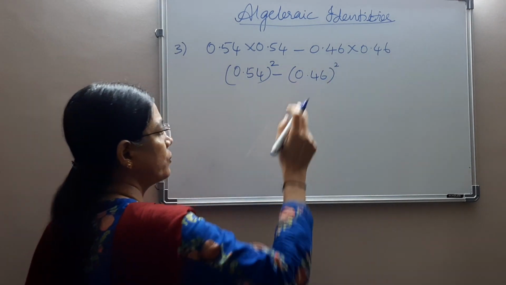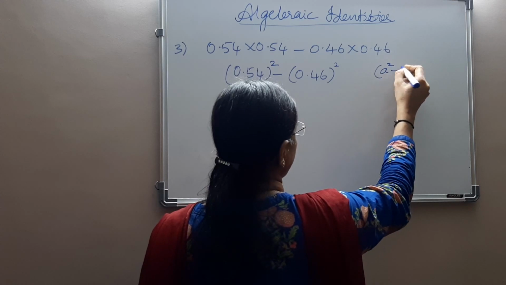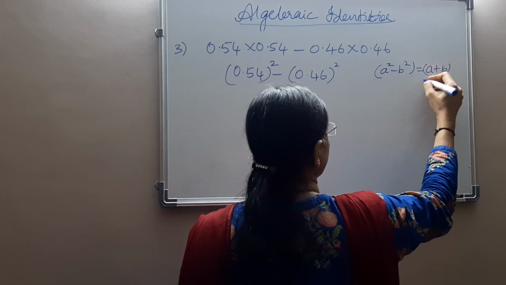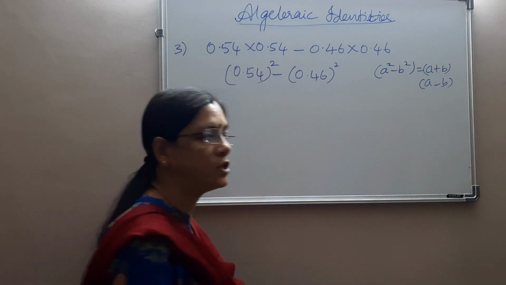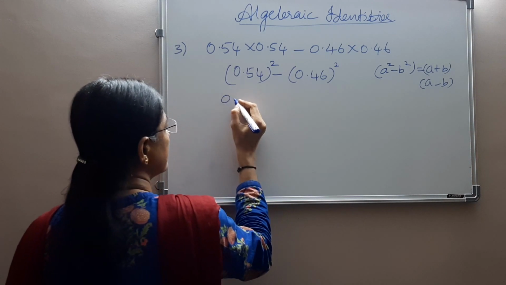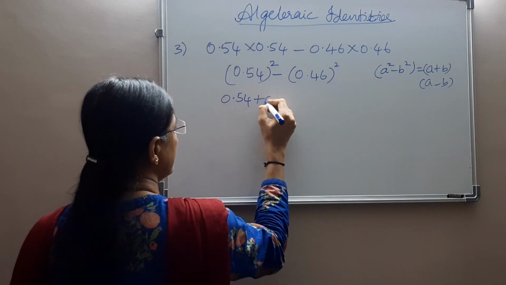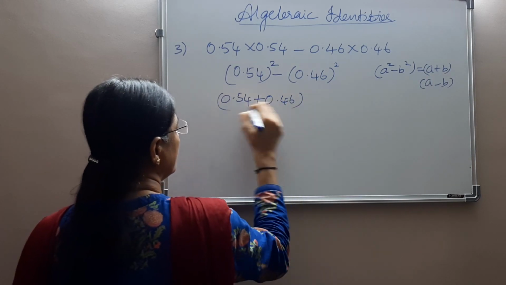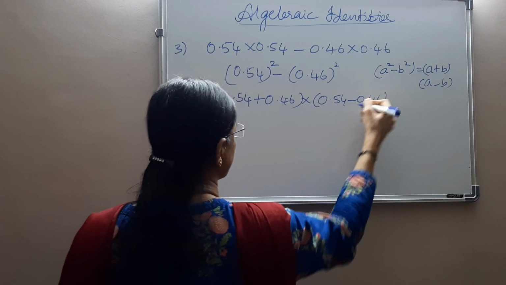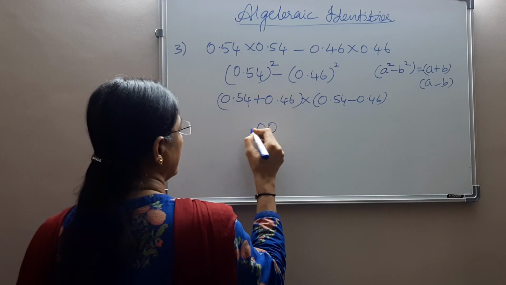See, 0.54 squared minus 0.46 squared. So this just resembles a squared minus b squared, which is equal to (a plus b) into (a minus b). So we rewrite this. What is a plus b now? 0.54 plus 0.46 is 1.